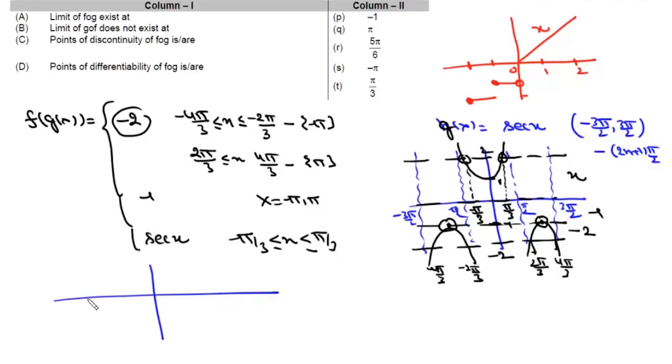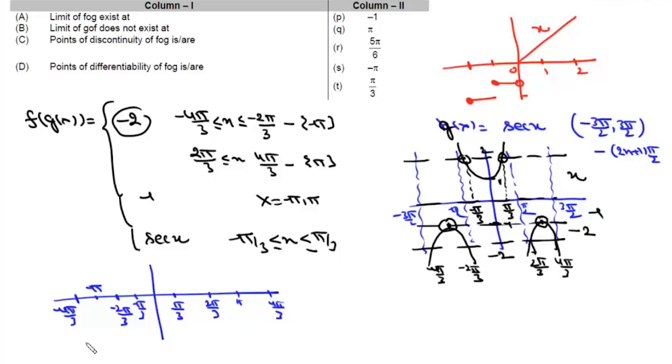now this is minus 4 pi by 3, and this is minus 2 pi by 3, and this is minus pi, this is minus pi by 3, this is plus pi by 3, this is 2 pi by 3, pi, and 4 pi by 3.